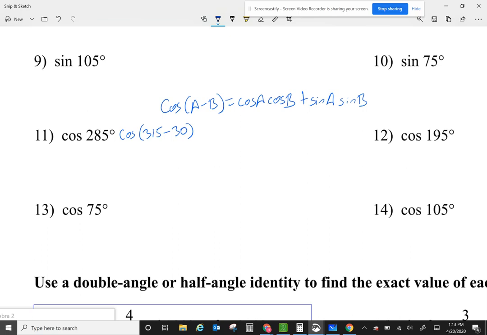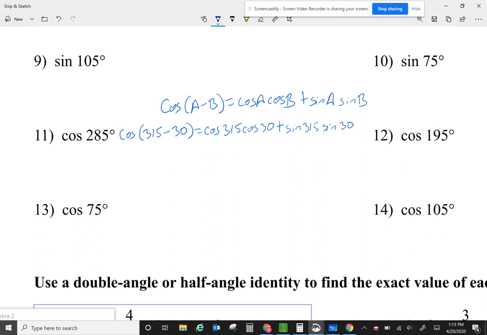And I got 315 minus 30. Remember your unit circle. So I'm thinking, all right, I have to do cosine. According to this, I have to do cosine of 315 times cosine of 30 plus sine of 315 times sine of 30.